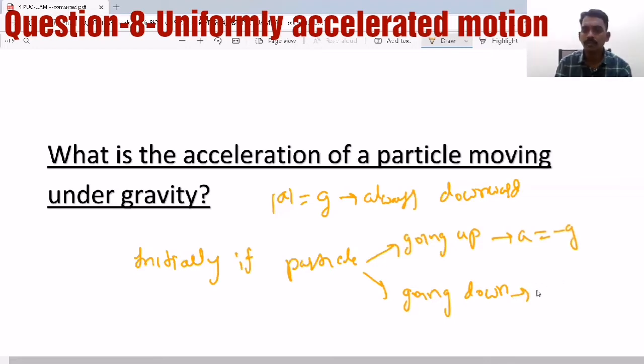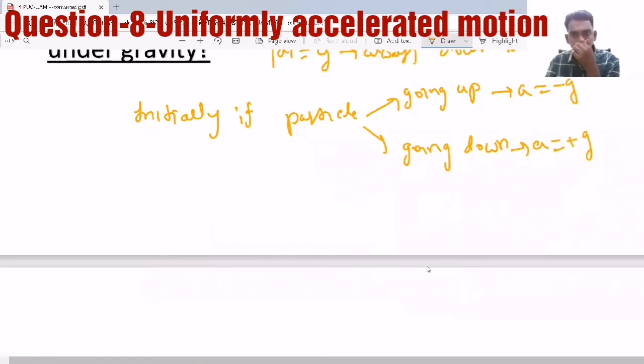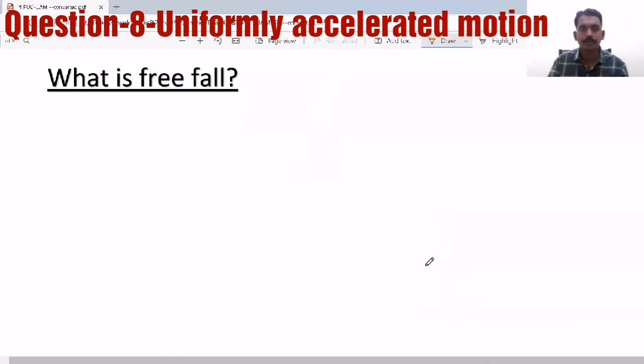If it is coming down, then we will take acceleration as plus g, because the direction of motion and acceleration are both in the same direction. This way you have to choose the acceleration of a particle moving under gravity.